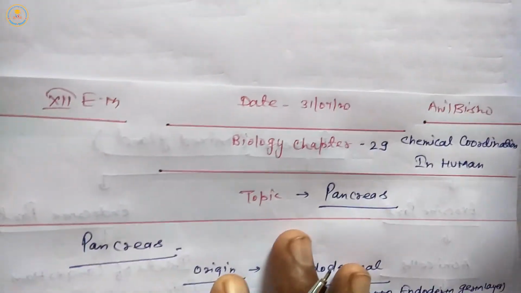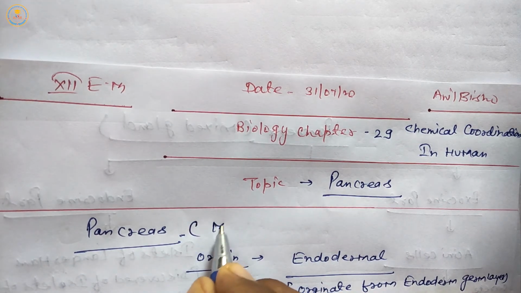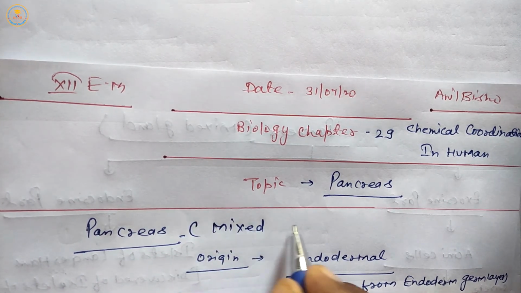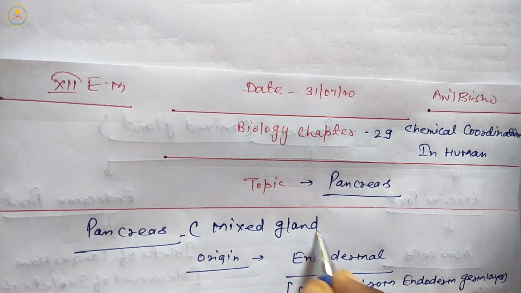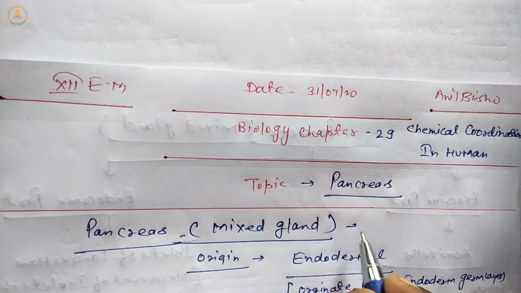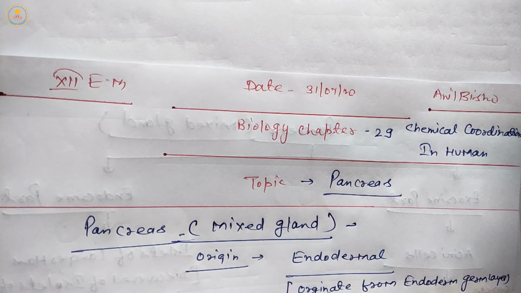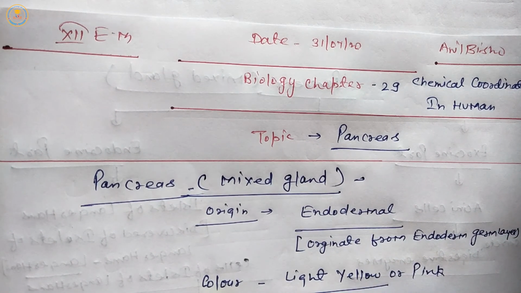So another name of pancreas is mixed gland, because pancreas behaves as both exocrine and endocrine, but mostly the part is exocrine, and some part is endocrine.